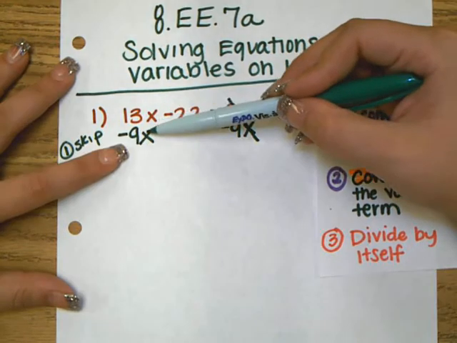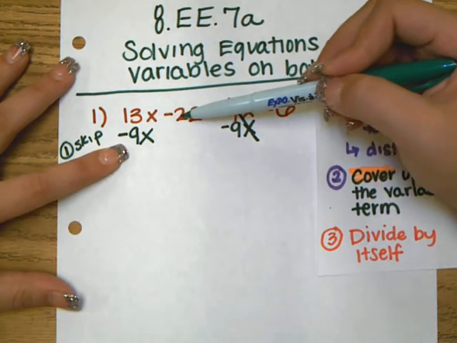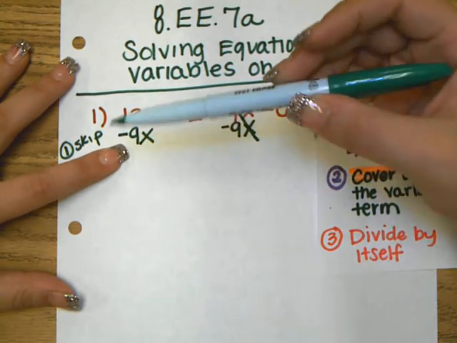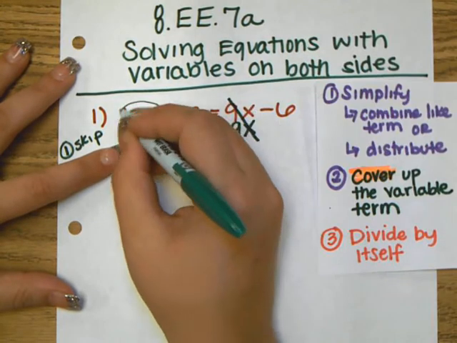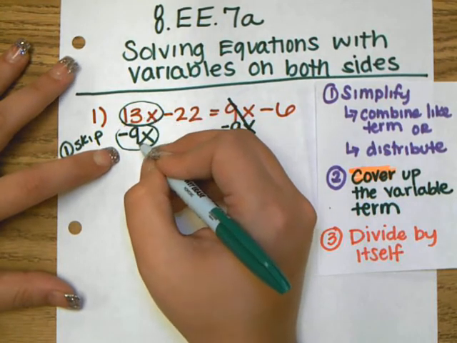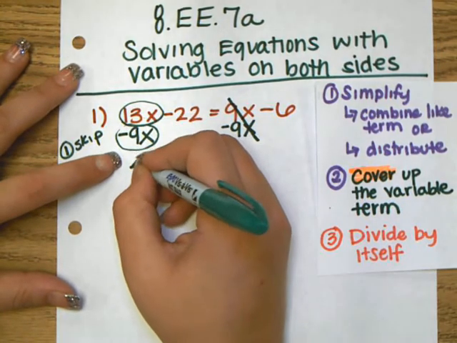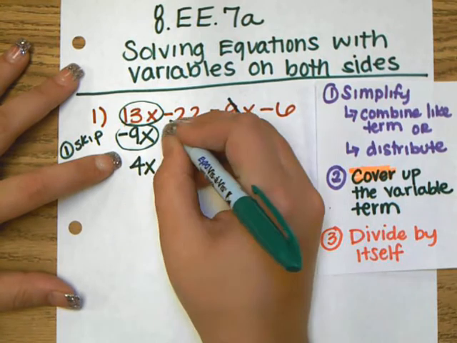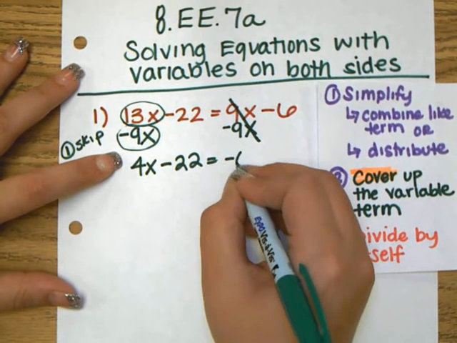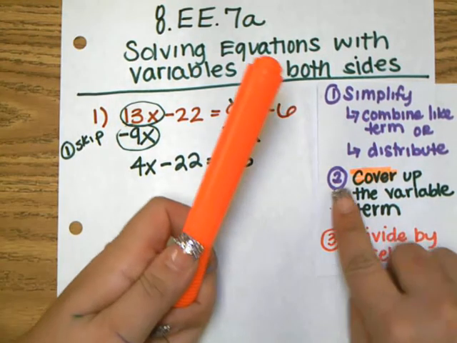Now the reason why I wrote it underneath the 13x and not the negative 22 is because these are like terms. They go together. So 13x minus 9x, those combine to make 4x. Then I'm going to bring down the negative 22 and the negative 6.